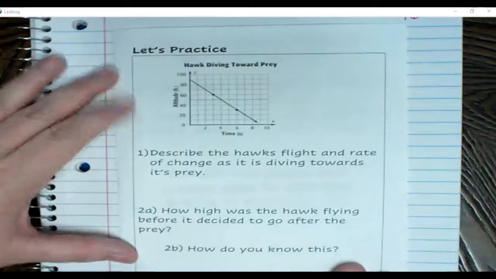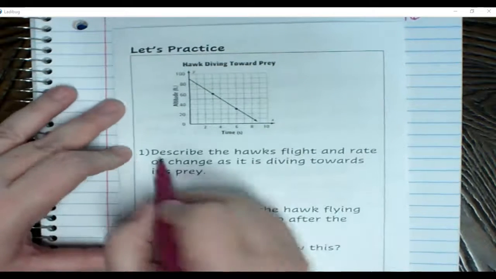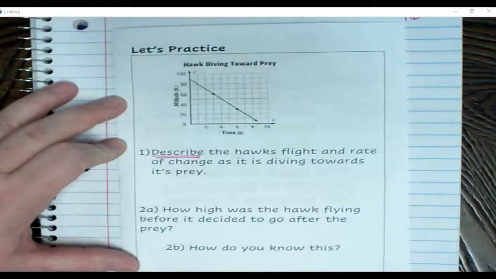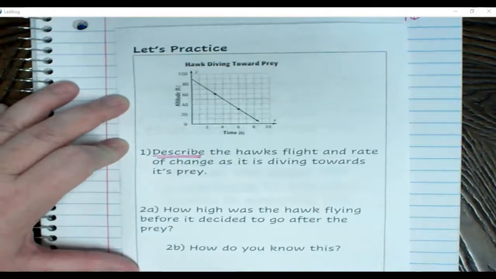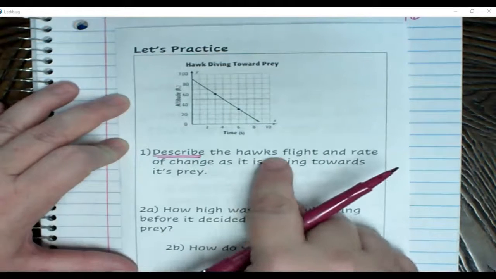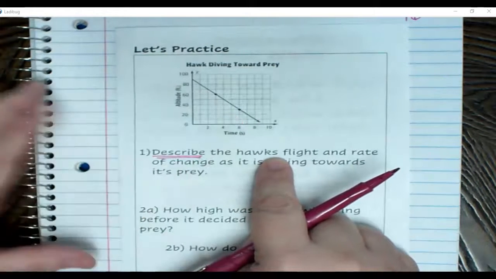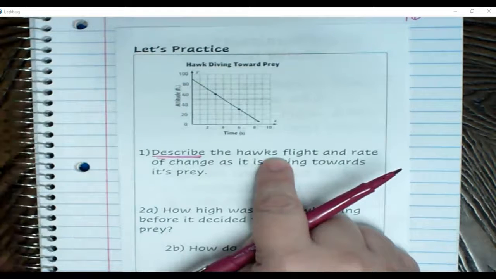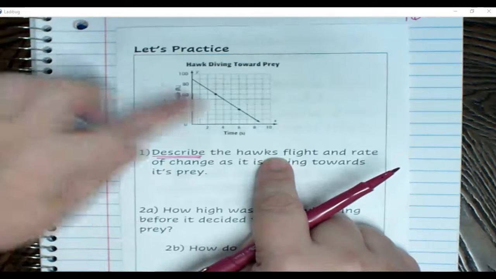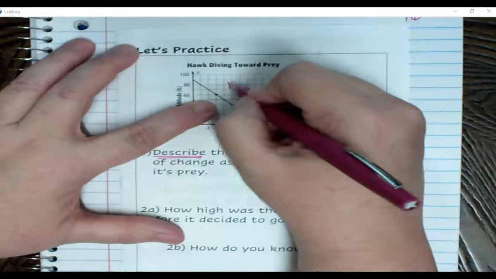So let's look at question number 1. Describe, so we know we're going to be talking in words. Describe the hawk's flight. So when we look at the graph, that's pretty easy to tell. Is the hawk flying upwards or going down? Is the hawk ascending or descending? He's going down because our slope, we know, is going to be negative.